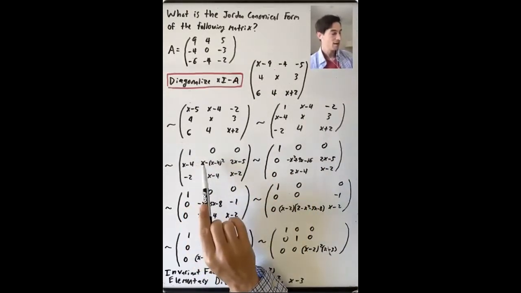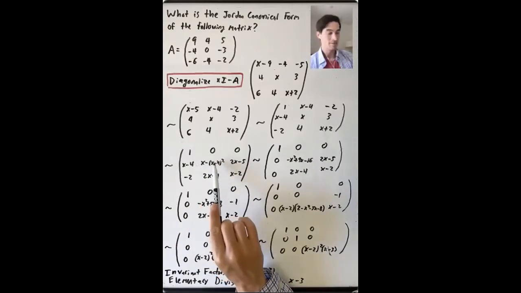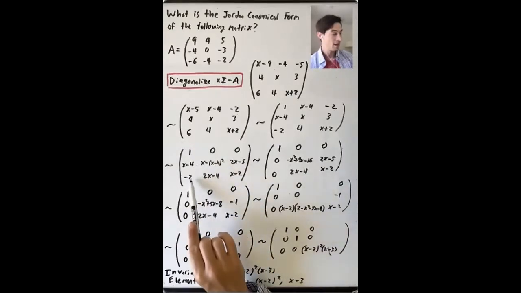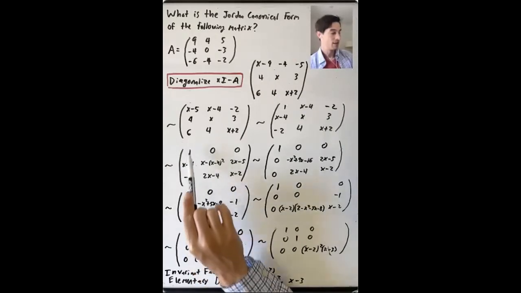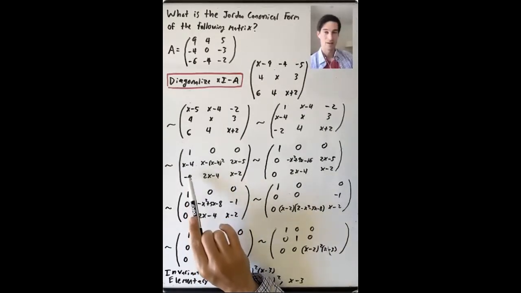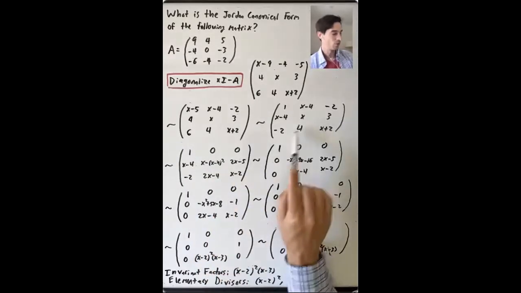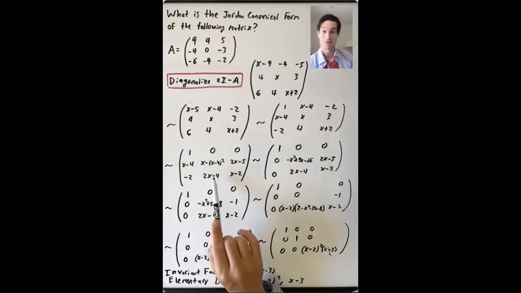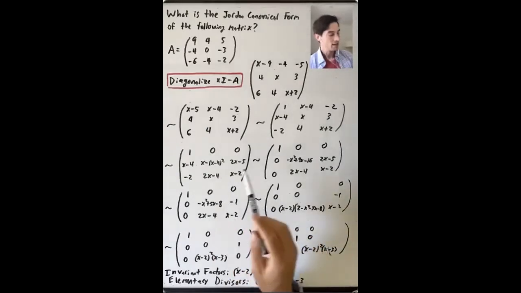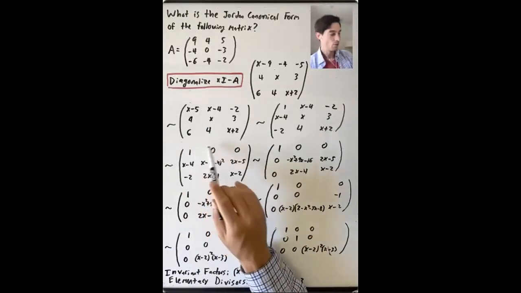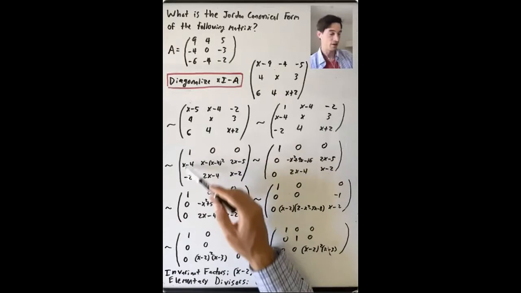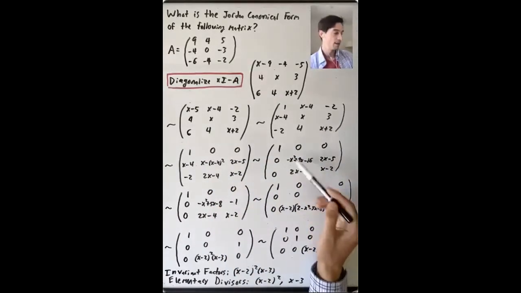Whatever was in this entry, x minus 4 squared, minus 2 times x minus 4 is minus 2x plus 8. So this 4 turns into a 2x minus 4. Now I'm in good shape because I have this 1, 0, 0 in the first row, so I can zero out everything below the 1 without changing anything.